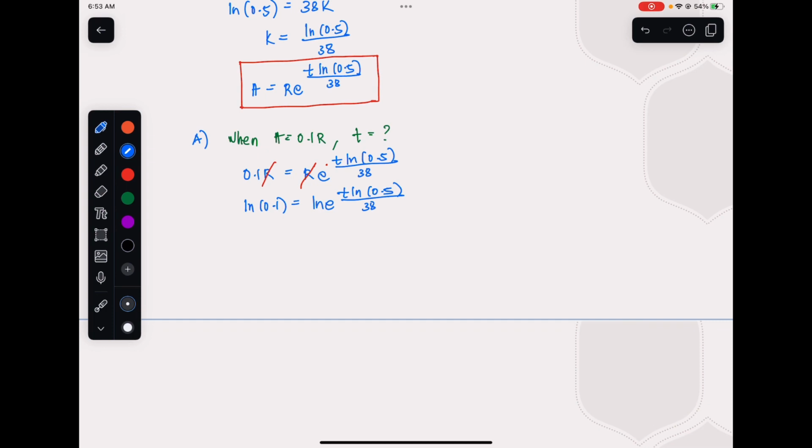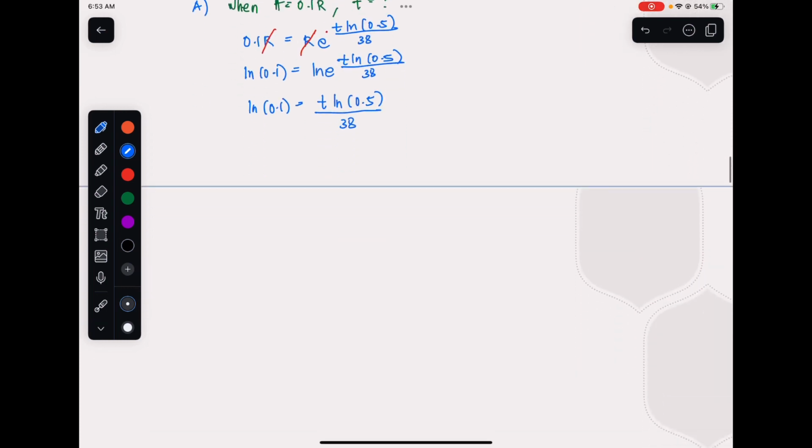Since ln e is equivalent to 1, applying the property, that would just leave us T ln of 0.5 divided by 38. That gives us 38 ln of 0.1 divided by ln of 0.5, which is equivalent to T. So we multiply both sides by 38 and divide both sides by ln of 0.5, giving us the time T to be 38 ln of 0.1 divided by ln of 0.5.